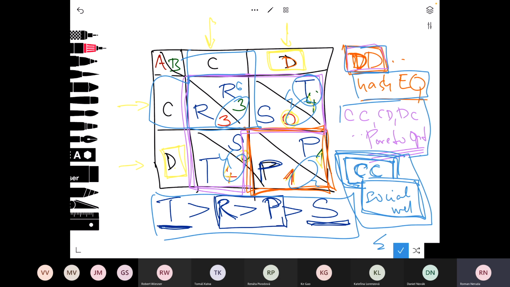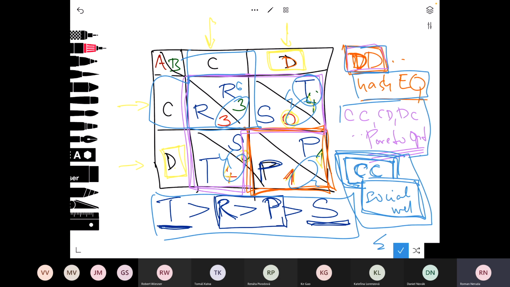And so the prisoner's dilemma is interesting in a way, because it shows you an example of a game where the Nash equilibrium is very different from the social welfare optimum, and also different from the Pareto optimal solutions, right?